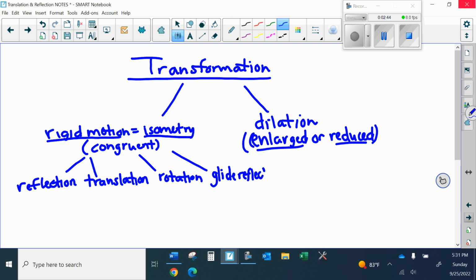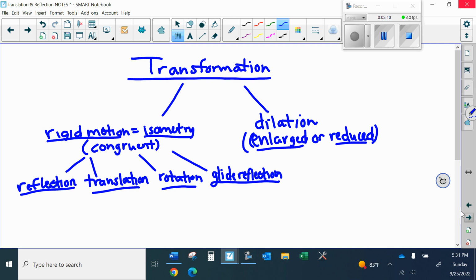Now, the DCAS is only going to focus on these first three, just so you know. So instead of calling it glide reflection, they just called it a combination of a reflection and a translation. That's what a glide reflection is: a single reflection and then a translation, or you can do the translation first and then a single reflection. But the technical word for that is a glide reflection.